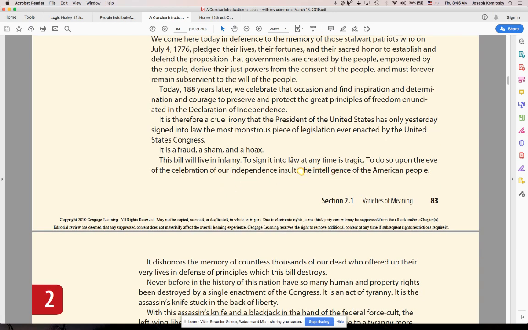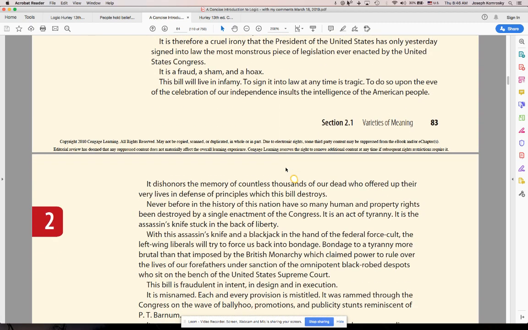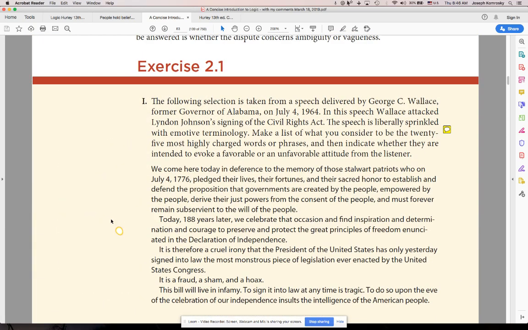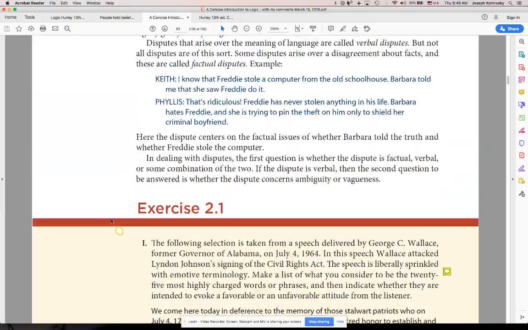Tragic. Insults. Destroys, right? Assassin's knife stuck in the back of liberty. So these are emotive. It's trying to use emotive language, and it's trying to get you to believe something.